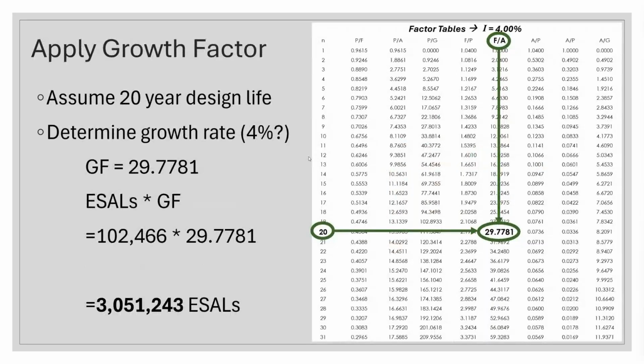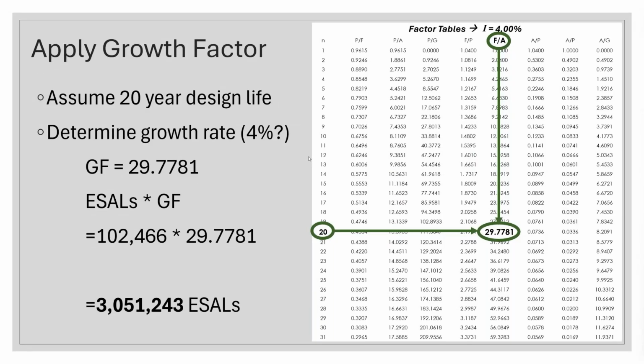Now, you can find this in lots of apps online for interest rate and that kind of thing, or you could look it up in a table, but those factor tables are written so that your interest rate is essentially the growth rate or the growth factor that we're going to use for traffic. So let's say that we use a 20-year design life, and let's say that we assume a growth rate of 4%.